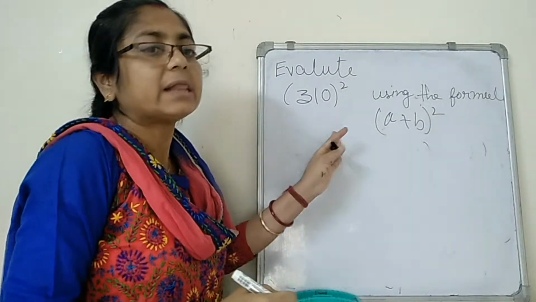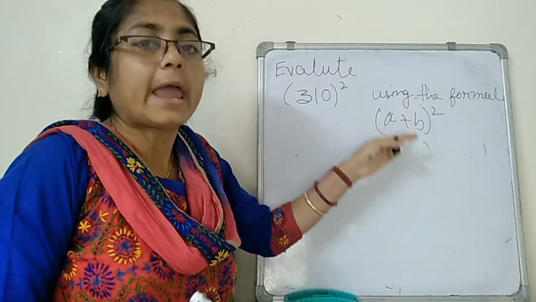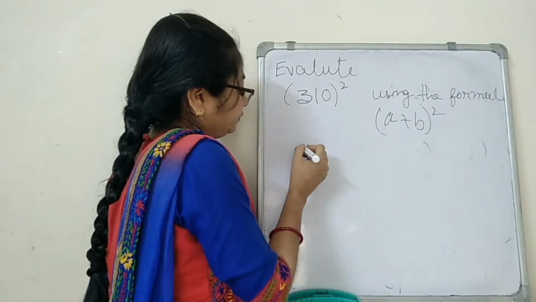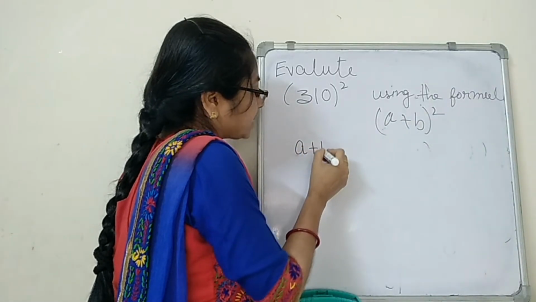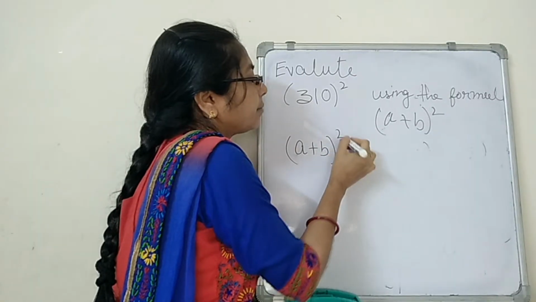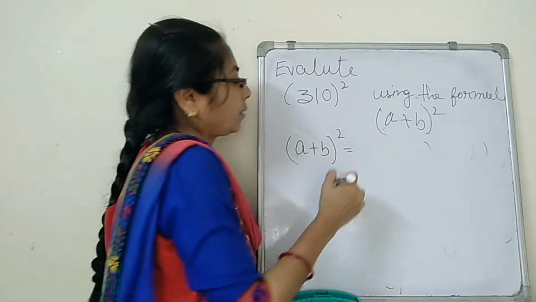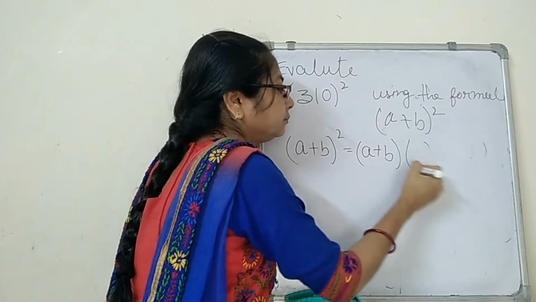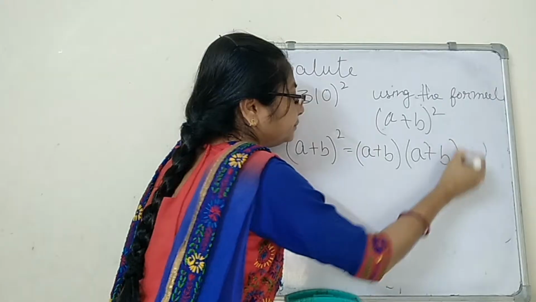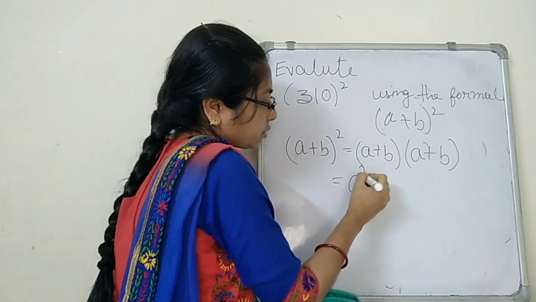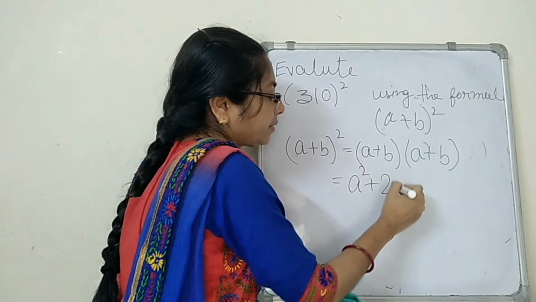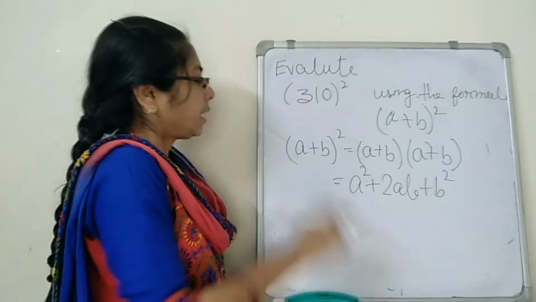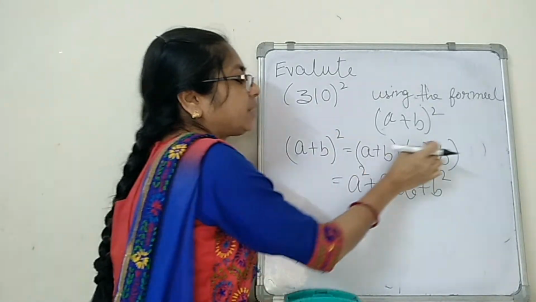First I tell what is the formula of a plus b whole square. A plus b whole square means a plus b into a plus b.